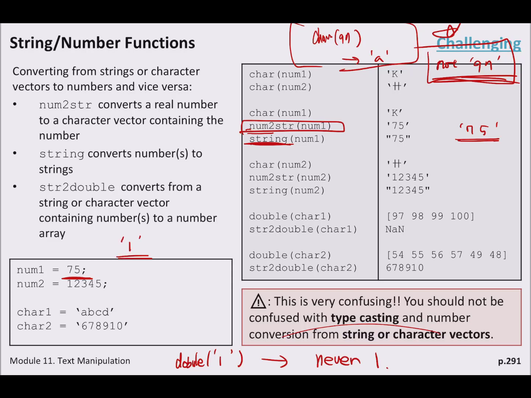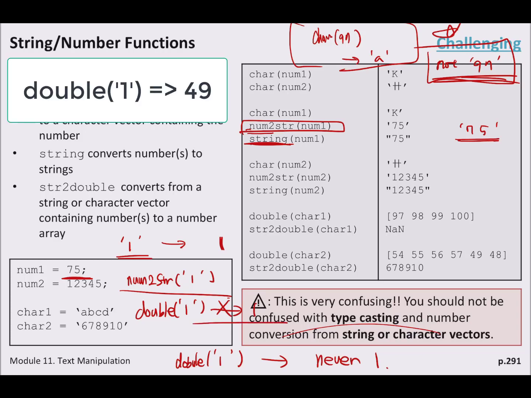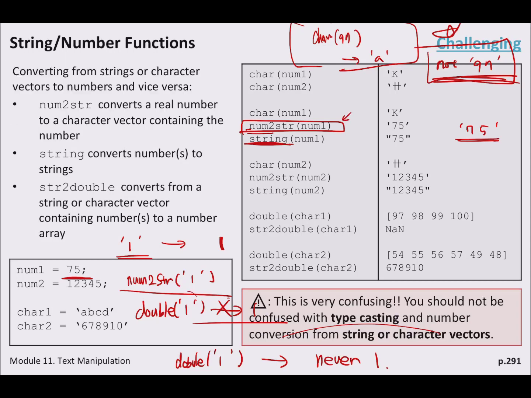This one is the character of the 1, right? How can we convert the 1? This is a numeric value, so you need to use num2str. Why? If you do this, it is not 1, because it maps to the equivalent number of this one character. That's why we need num2str. Does it make sense?